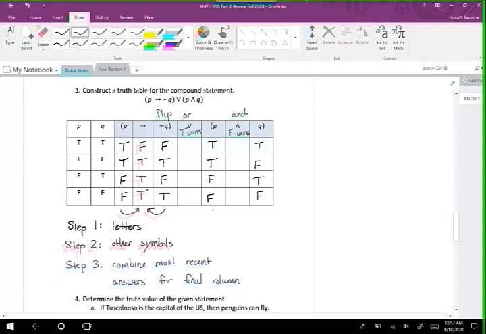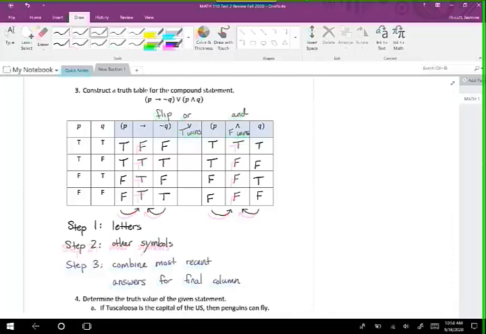Okay, and then let's do the same kind of thing for the and symbol. For and, false wins, which means any row with a false is overall false. So that's going to be those bottom 3 entries, but the top part is true. Okay, so that's step 2. That's filling in the symbol columns.